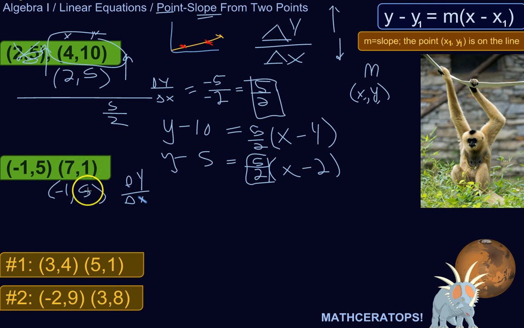As I go from 1 to 5, what happens? That's an increase of 4. As I go from 7 to -1, ouch, that's a decrease of 8. So -8. So I can clean this up a little bit and call that -1/2.